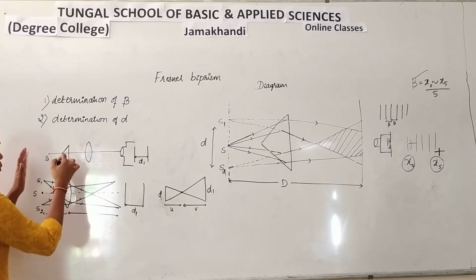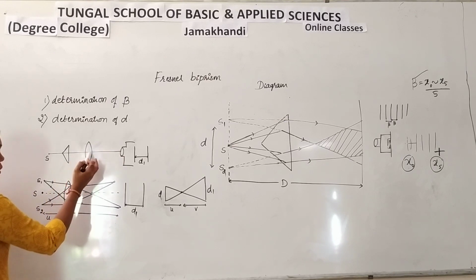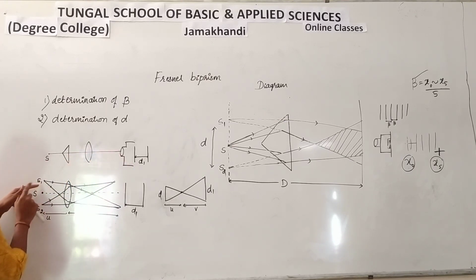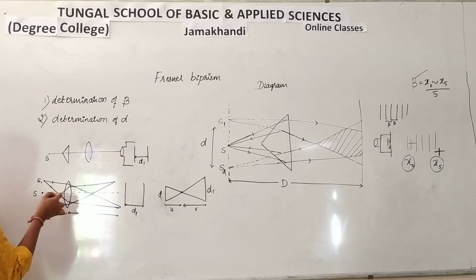After the biprism, this convex lens is going to converge the rays to one point. See here, this is the real source. From this you are going to get the rays, and next the biprism will be there. Because of the biprism there is creation of two virtual sources S1 and S2.